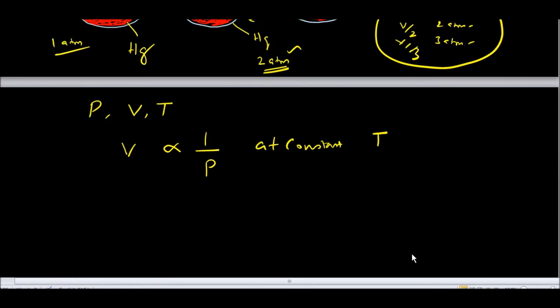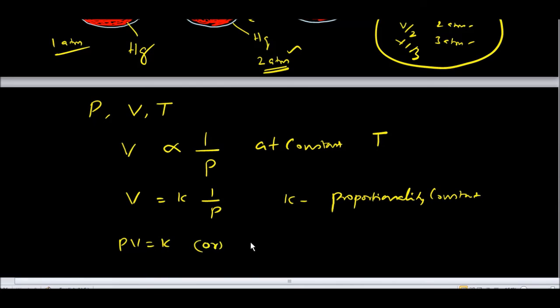We can write V equals K into 1 by P, where K is nothing but the proportionality constant. And we can say PV equals K. Otherwise we can say PV equals constant. So this is the mathematical expression of Boyle's law.